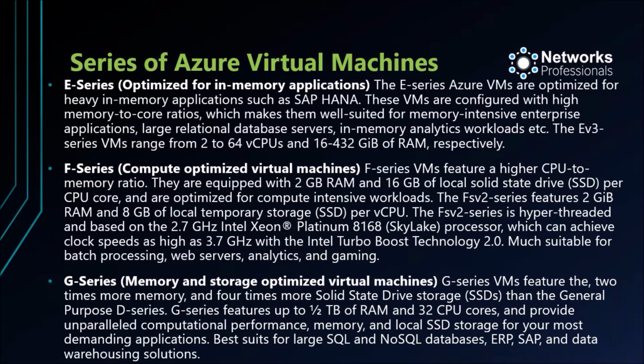G series features up to half TB of RAM and 32 CPU cores, and it provides unparalleled computational performance, memory, and local SSD storage for your most demanding applications. Best suitable for large SQL and NoSQL databases, ERP, SAP, and data warehousing solutions.